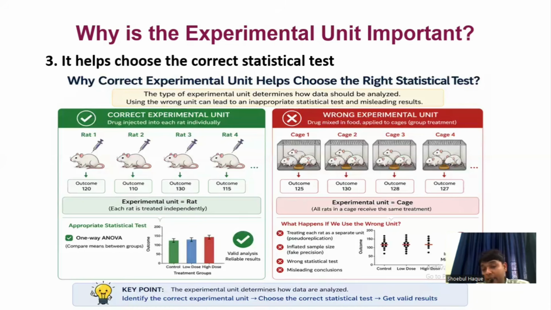In that case it is quite possible that you find the outcomes more precise, more equal to each other, and that will change your result at the time of applying the statistical test. So in the second case, you may find fake precision or wrong statistical outcomes, and this is called pseudo replication.